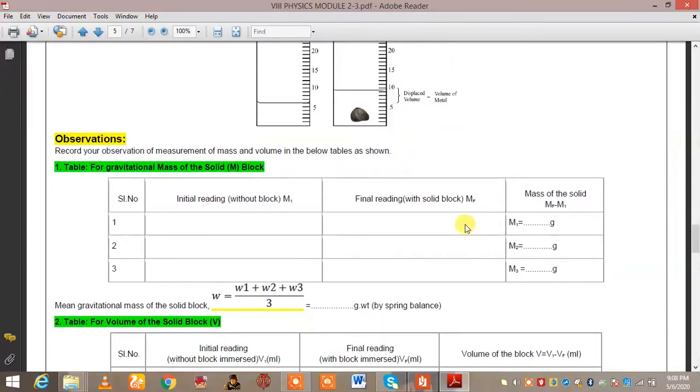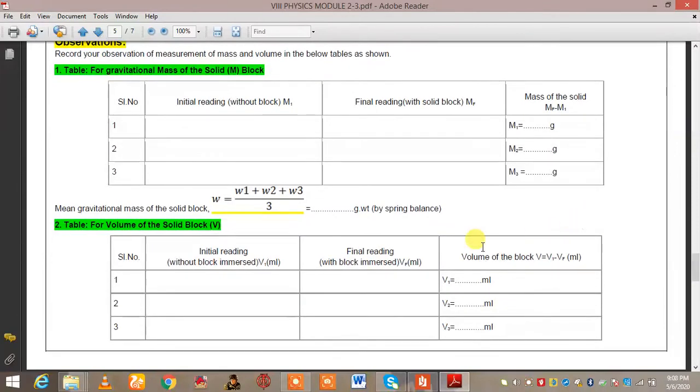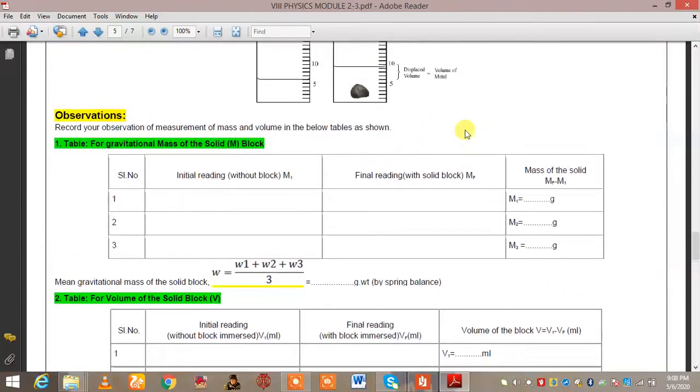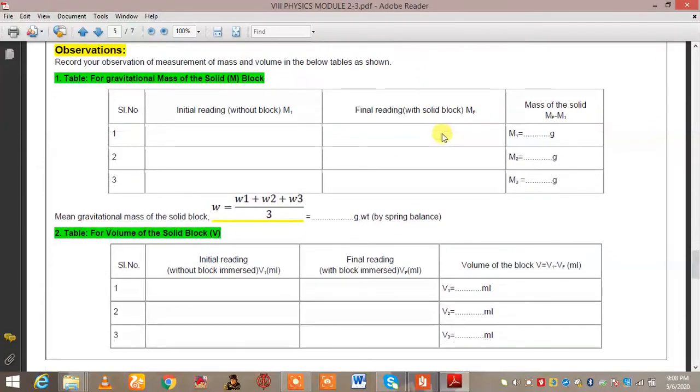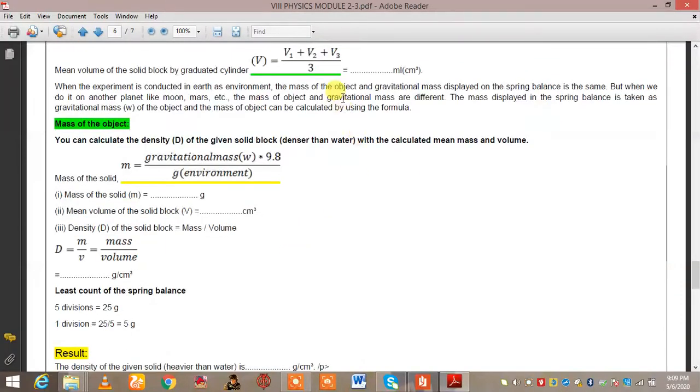That will be calculated, and three times we will take the reading. First three times we will take the mass, then three times their volume. The final level minus the initial level will give you the displaced volume. After three readings we will take the mean of them, that is W1 plus W2 plus W3 divided by 3, the mean mass, and then the mean volume.